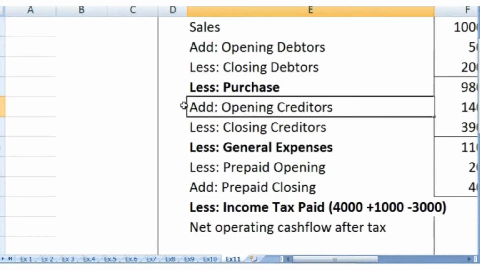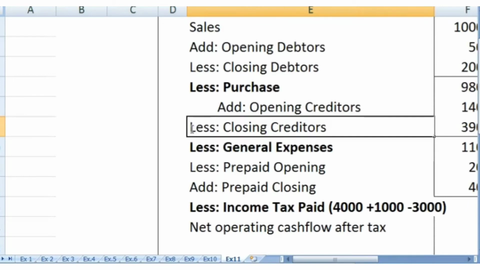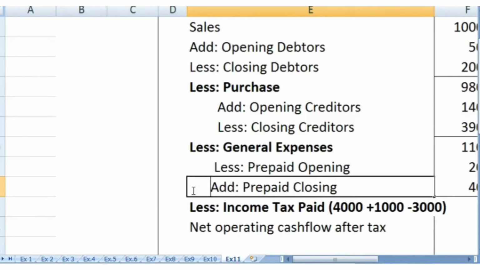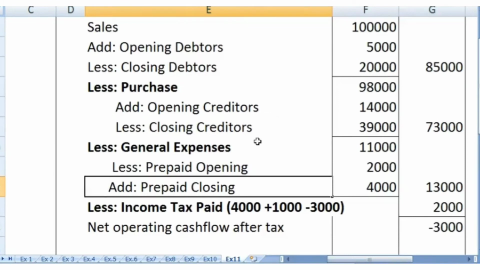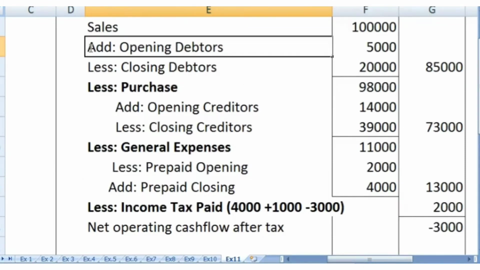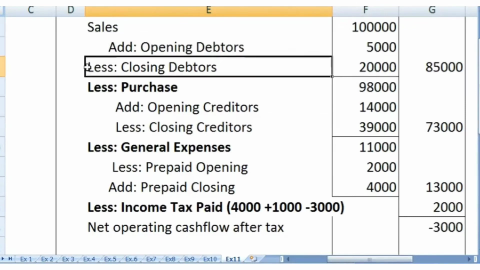Clear? And just to understand, you can underline here. Getting? So now you can understand easily. So this is your sales income, means collection from the sales.